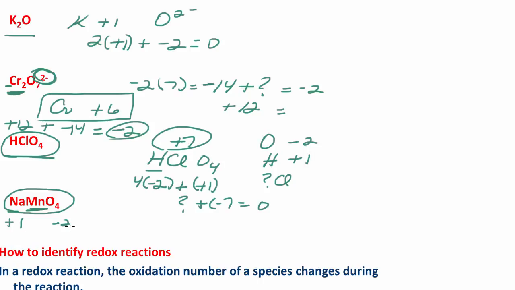We have 4 oxygen atoms, multiply that by 4, so -8 plus 1 is -7. So the manganese then would have to be a +7 oxidation number. Those all add up to 0. So practice your oxidation numbers.